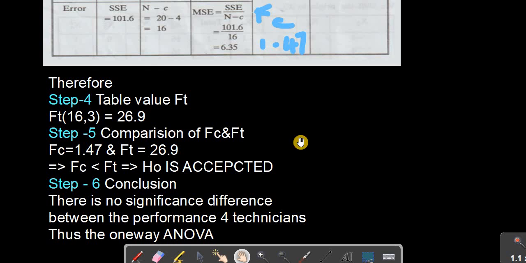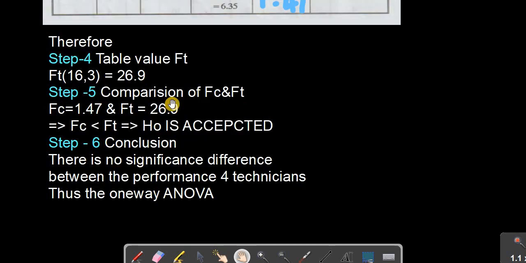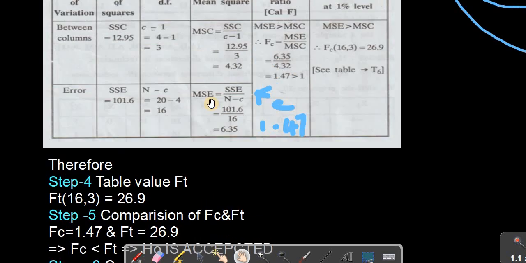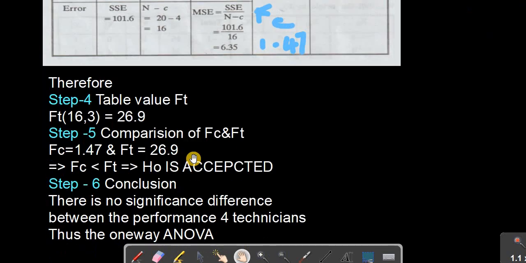That is what I was just explaining. Now the comparison of the calculated value of F and the table value of F. Here the calculated value of F is 1.47 and the table value is 26.9. Okay, now we are comparing them.